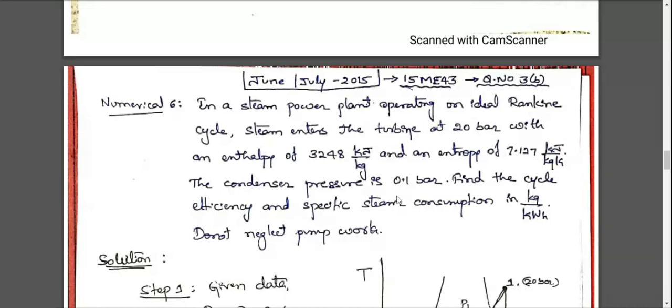And one more condition he should give is the quality of steam or condition of steam at inlet to the turbine or at exit of the turbine. But here, the third condition, that is condition of steam entering the turbine, that is inlet to the turbine, is 20 bar. This is the maximum pressure.